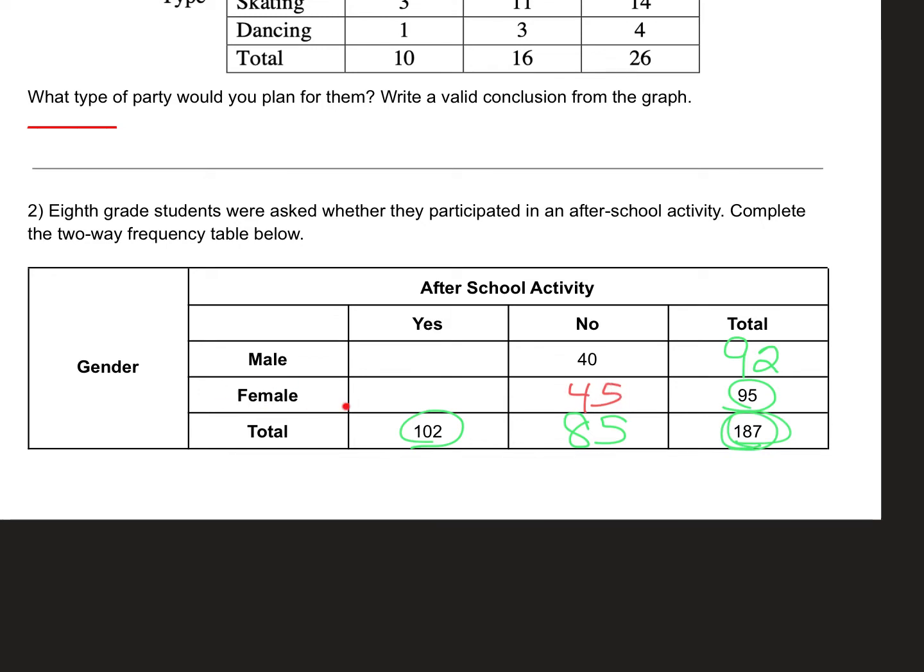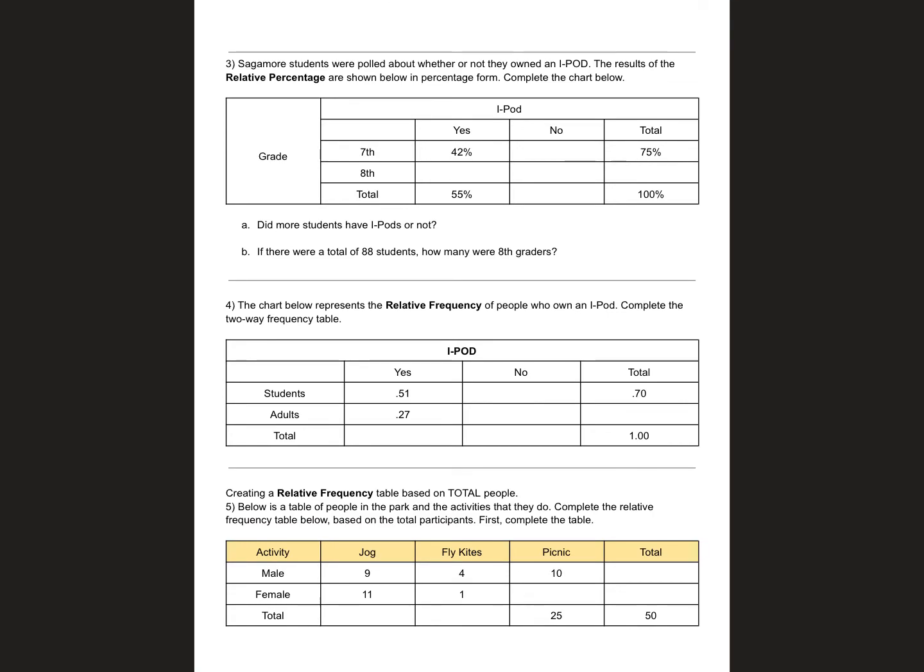Our total females was 95. 45 of them said no, so that means that 50 must have said yes. And again here, I can say, okay, well, number of males who said yes, I need to get to 102. I have 50, so this must be 52. Remember, you can use a calculator for this to help you with your calculations. So let's go to the next page.